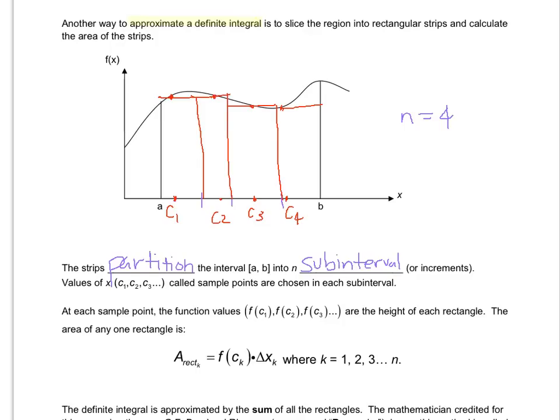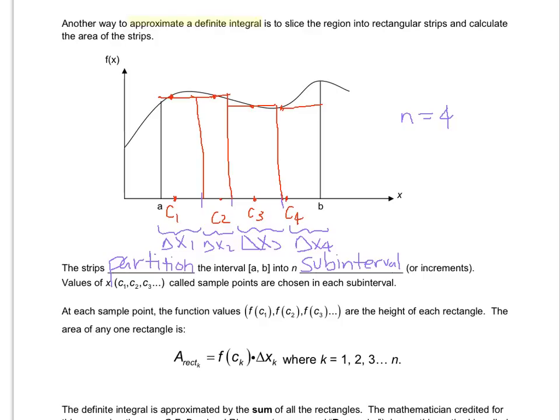If you take a look at the first rectangle, I could calculate the area of that rectangle by doing the base, which would be the width here. So this would be what we call delta x1. That is talking about the width of the first rectangle. And likewise, this would be delta x2, etc., delta x3, and delta x4.